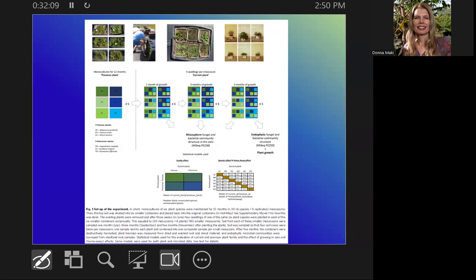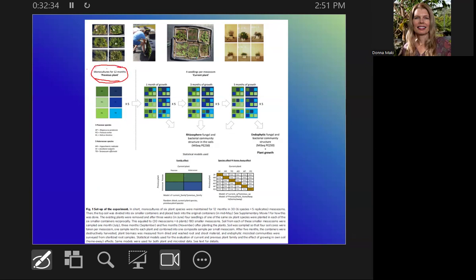I've read many other papers over this past couple of weeks that are running these experiments in very similar ways, where you have to invest some time. In this particular case, they grew plants for 1 year in soil systems, say monocultures, for 12 months. So that's your previous plant.